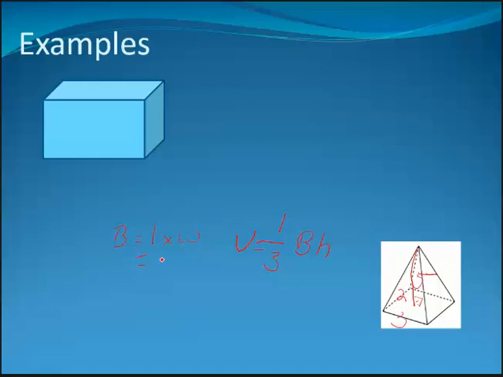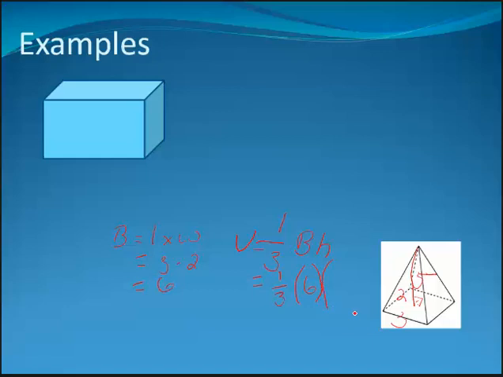So 3 times 2, which is 6. Then I come over here and substitute that 6 in place of my big B. I'm working in a very methodical way, starting off with my formula and plugging in numbers as I know them to replace the letters.